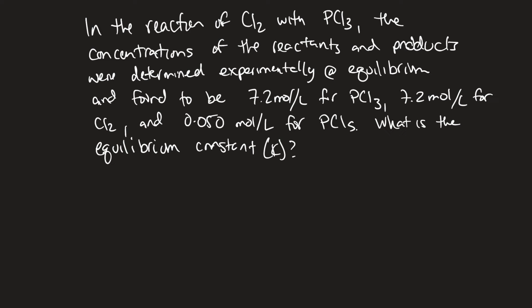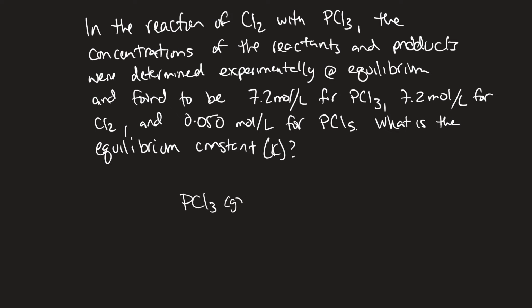So let's look at another example problem. In the reaction of Cl2 with PCl3, the concentrations of the reactants and the products were determined experimentally at equilibrium, and it was found to be 7.2 moles per liter for PCl3, 7.2 moles per liter for Cl2, and 0.050 moles per liter for PCl5. Let's look at the chemical equation.